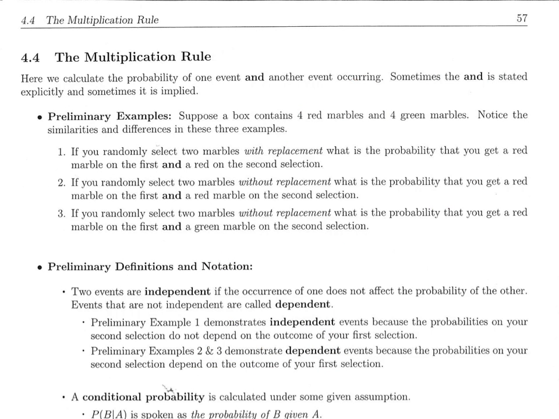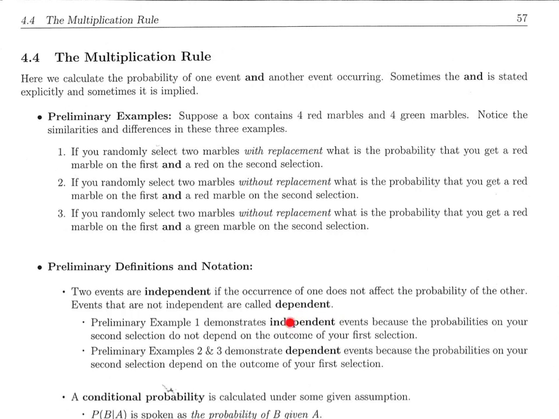I'm not going to read this page to you, but some things you want to pay attention to: when you're going to use the multiplication rule, when there's an "and". With the addition rule, it was this or that. Now it's the and part, this and that. We multiply. And then you want to make sure you understand independent events and sampling without replacement, and how dependent events are sampled.